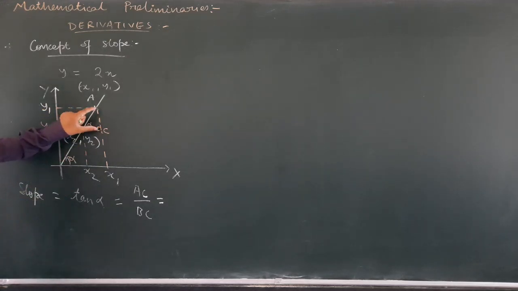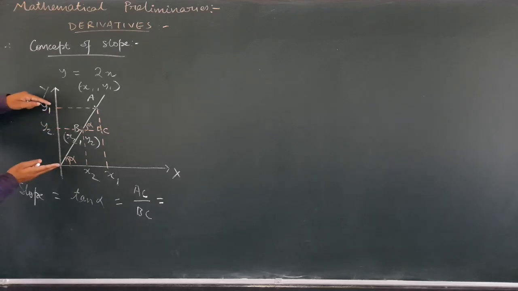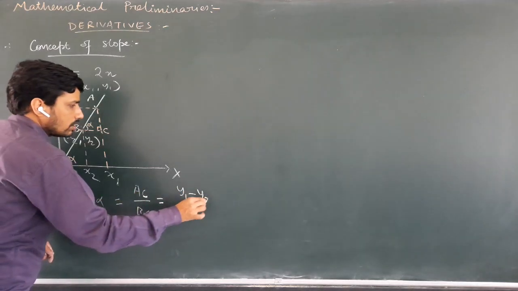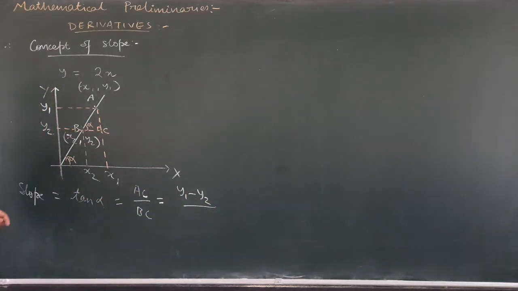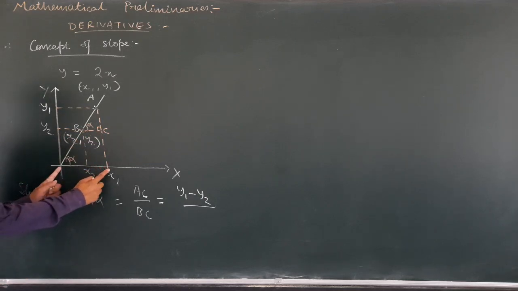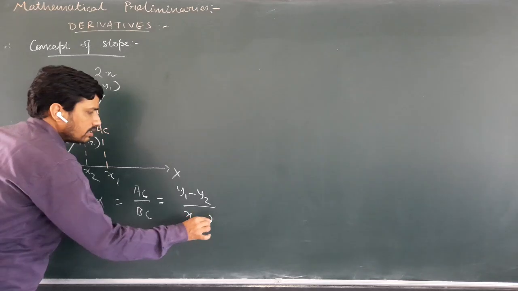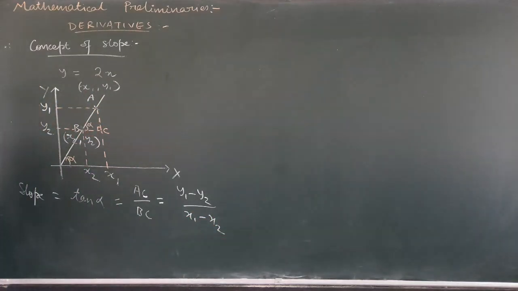So what will be AC? AC is this length. Now this total length is y1, this is y2, so this will be y1 minus y2. And BC is this length, so this length is nothing but this total length minus this one. How much is this? x1. How much is this? x2. So this minus this will be x1 minus x2.